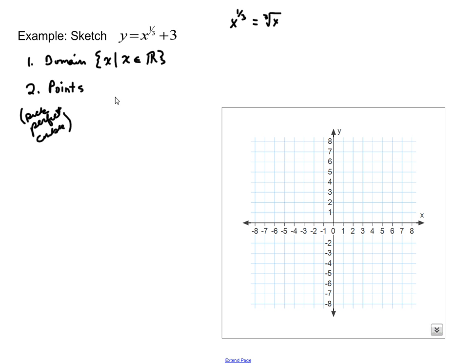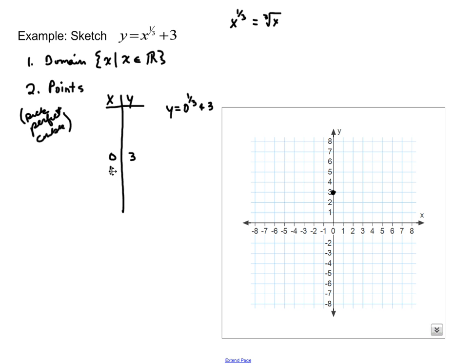Well, we stated it in the last video. Of course, 0 is a really good candidate because that's an easy one. We would be taking y to be equal to 0 to the 1/3 power plus 3. Well, the answer to that is 3. So this graph must pass through the point 0, 3.